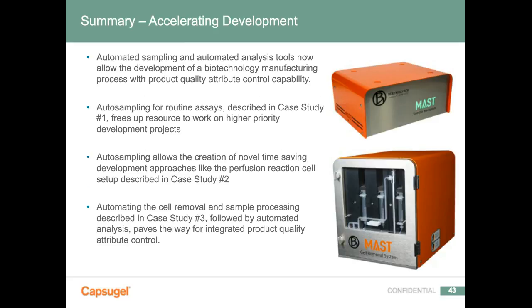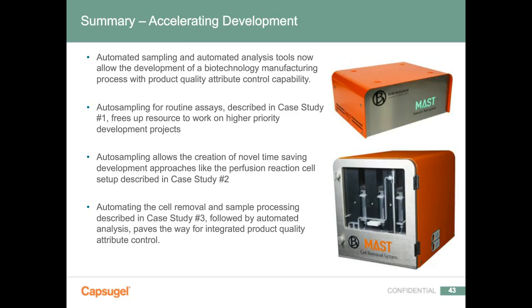So in summary, talk about how we accelerate development. The automated sampling and automated analysis tools now allow the development of biotechnology manufacturing processes with real product quality attribute control capability. As we showed you in the first case study, for routine assays, you can free up resources to work on higher priority projects.